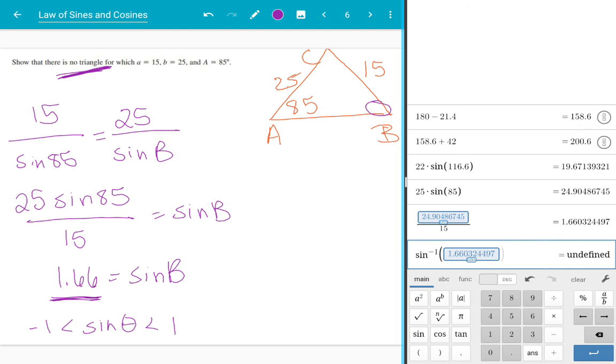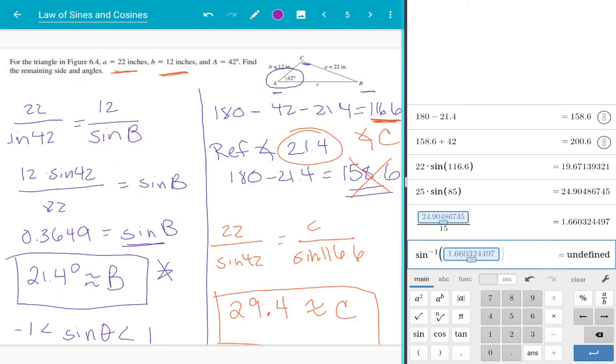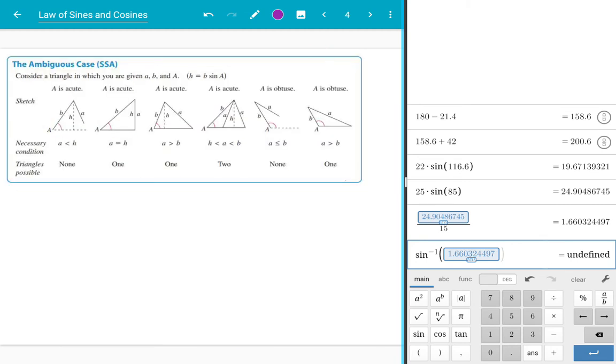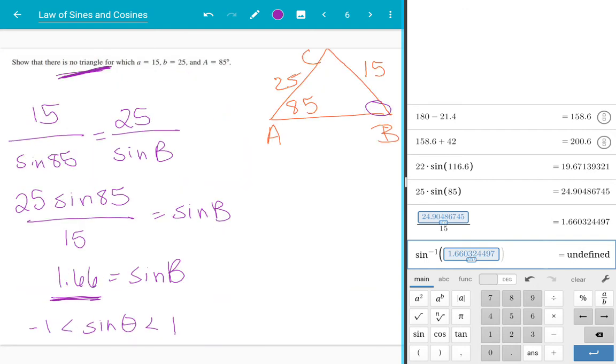If we go back to the chart, we had an acute triangle, and it said that a was less than h. Remember, h is b times the sine of A. So let's figure out what b times the sine of A is. b is 25, and sine of A is the sine of 85.